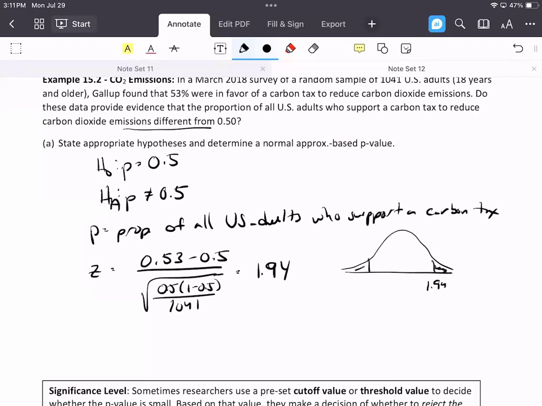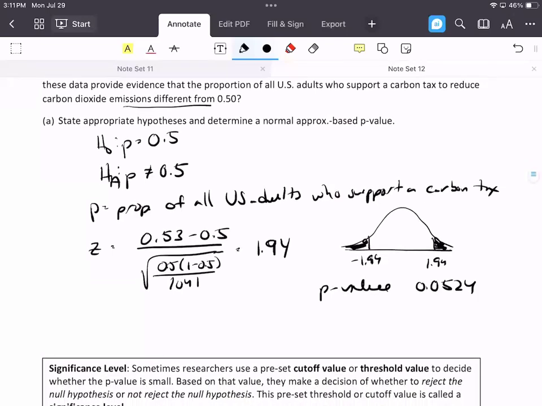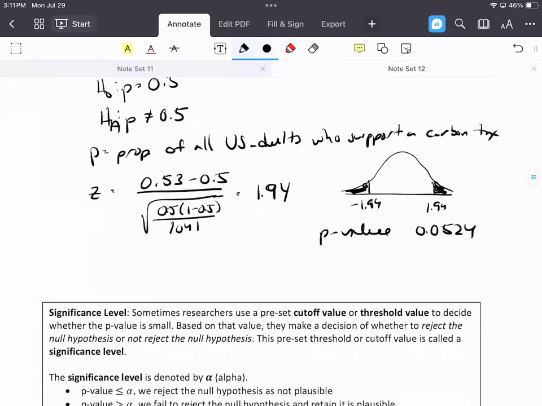We're looking here, and we're looking at everything below the negative 1.94, since it's two-tailed. The p-value, which is the area under both sides of the curve, ends up being 0.0524.